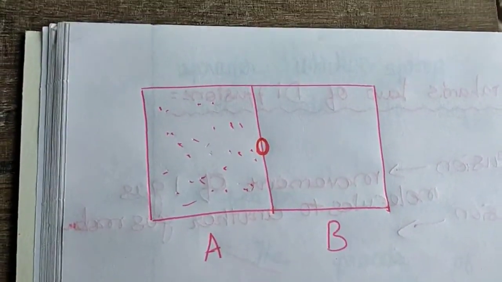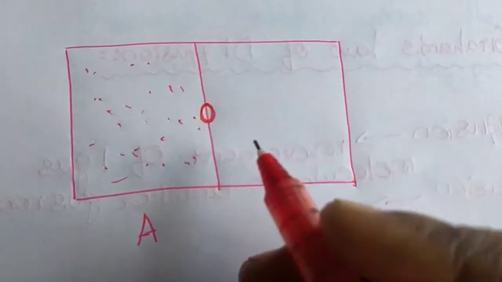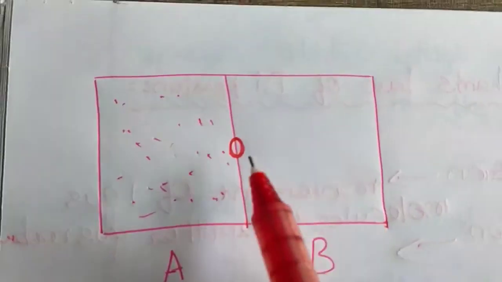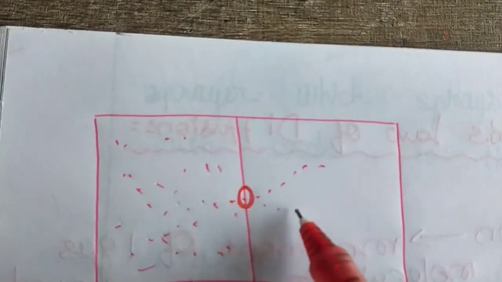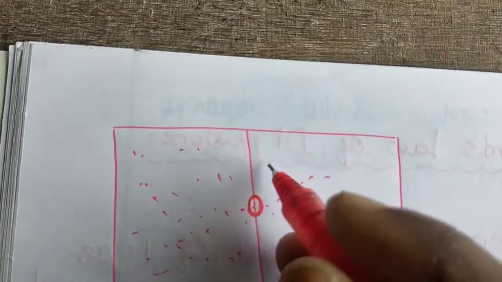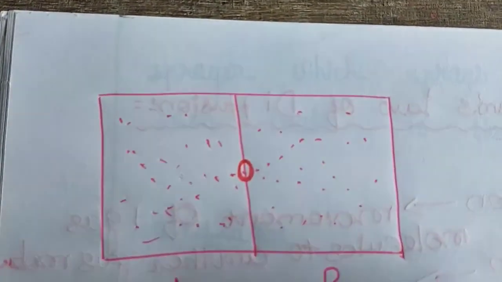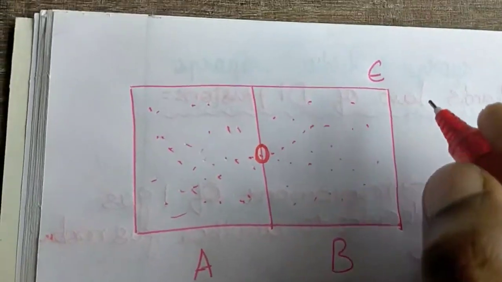So if you made a hole between the two parts, they can easily escape. They are escaping from the A part and trying to fill into B part. So this is only the escaping process.